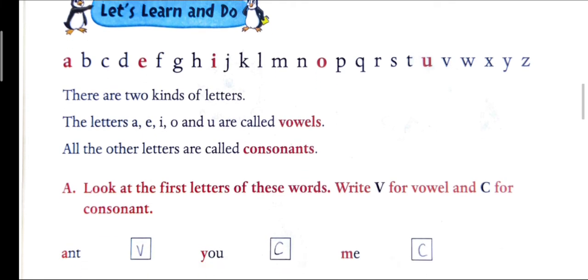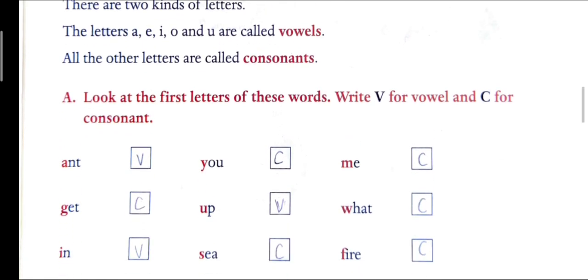So look at the first letter of these words. Write V for vowel and C for consonant. So how will you remember that this word is vowel and this is consonant? By remembering the 5 letters. Which letters?